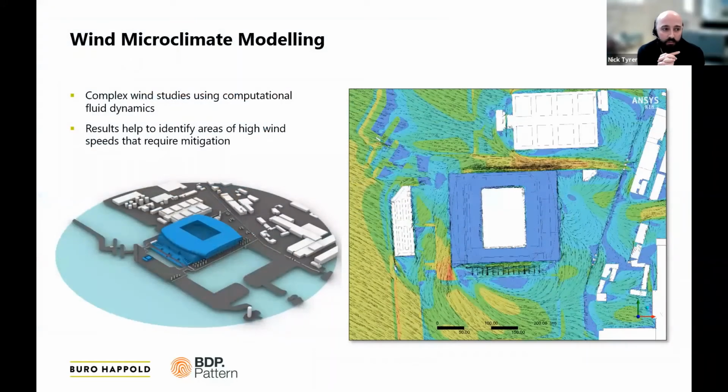So next slide. This has all been done with Buro Happold, using computational fluid dynamics to simulate the wind conditions and analyze different scenarios. If you go to the next slide.